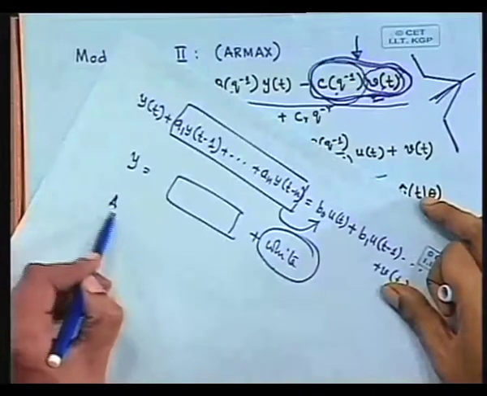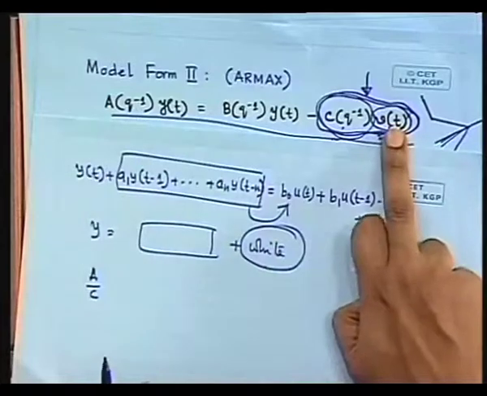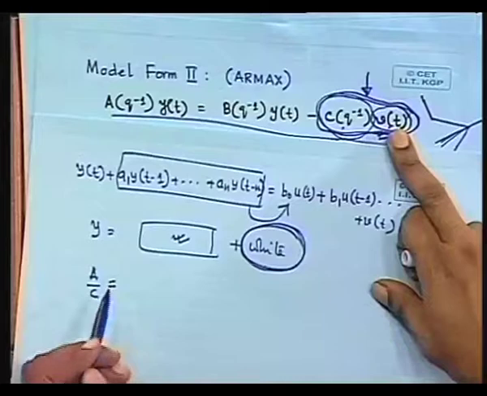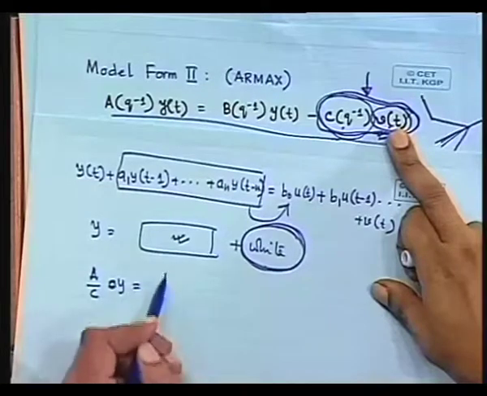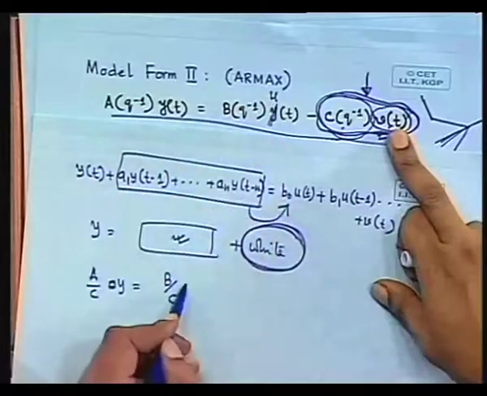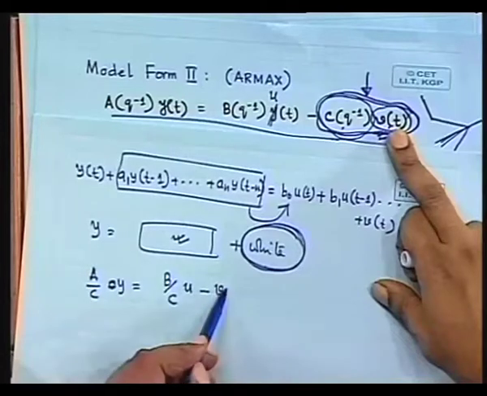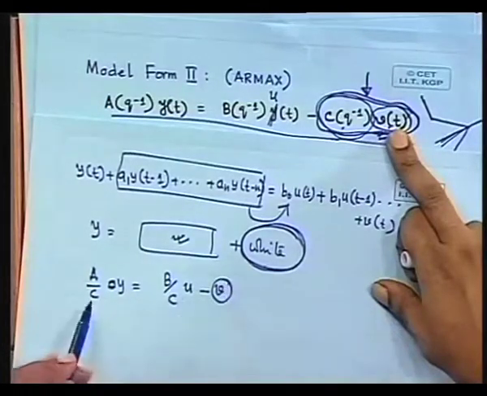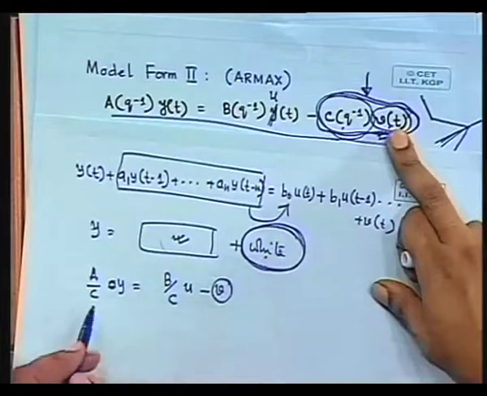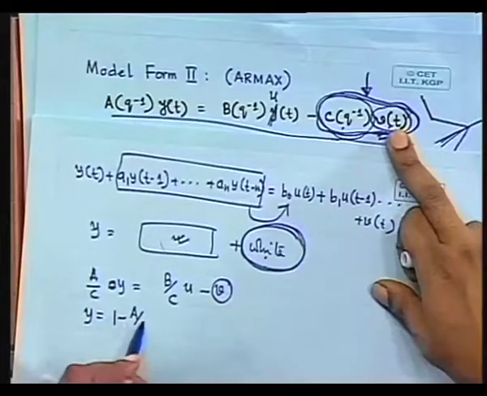I will get A by C. See, this was my equation. First I will try to make this term white. Let me try to make this part, then see what comes here. So I will get A by C y is equal to B by C u minus v. So I have first of all got it into a form where this is white. Now I want to write it as y is equal to something plus white. So I will now write y is equal to this side. I will write 1 minus A by C y.